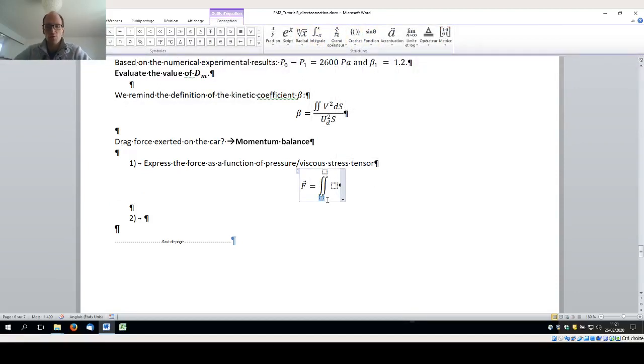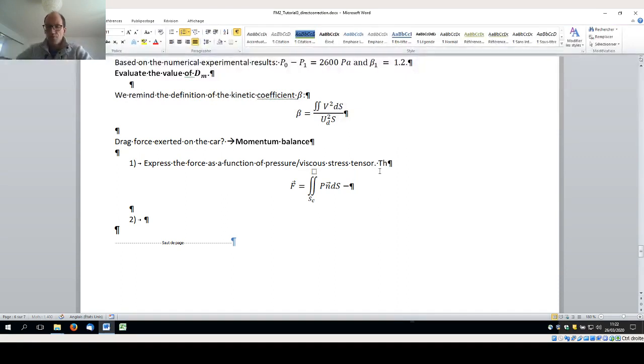This is the integral over the surface of the car of the pressure, and so on. It is the force exerted by the air on the car, so do not mismatch the signs. So here it's the force exerted on the car.